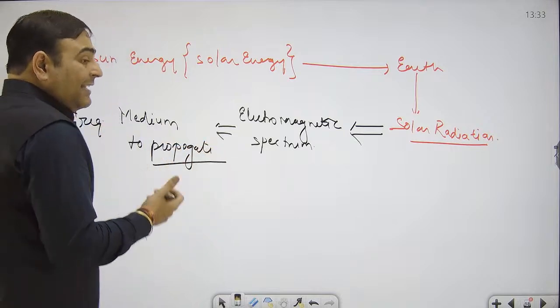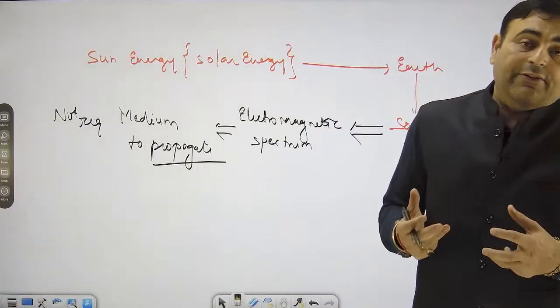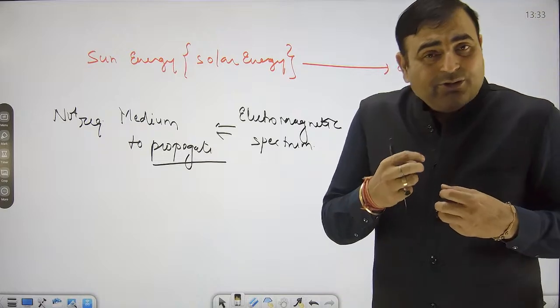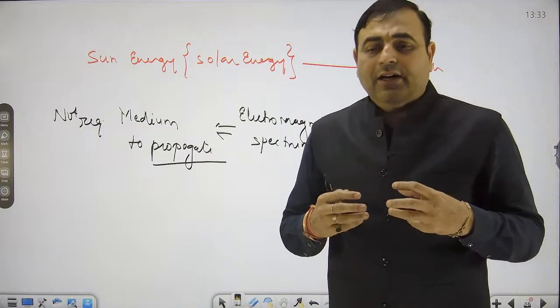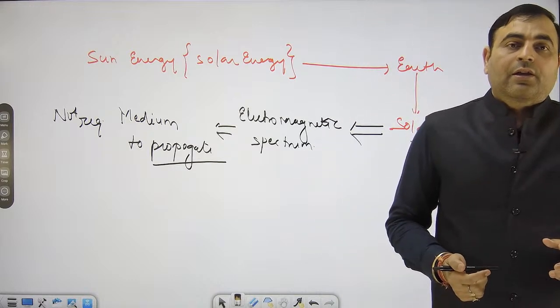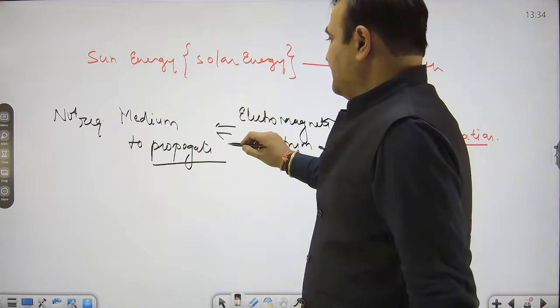Right? The light, the visible light, is a type of electromagnetic wave. It does not require any kind of medium to propagate. Am I clear? Yes? Yes.